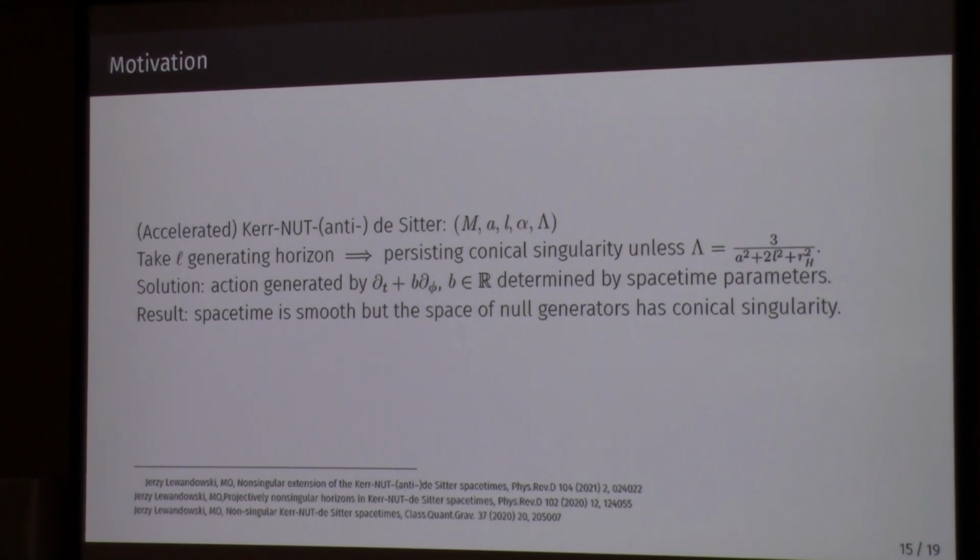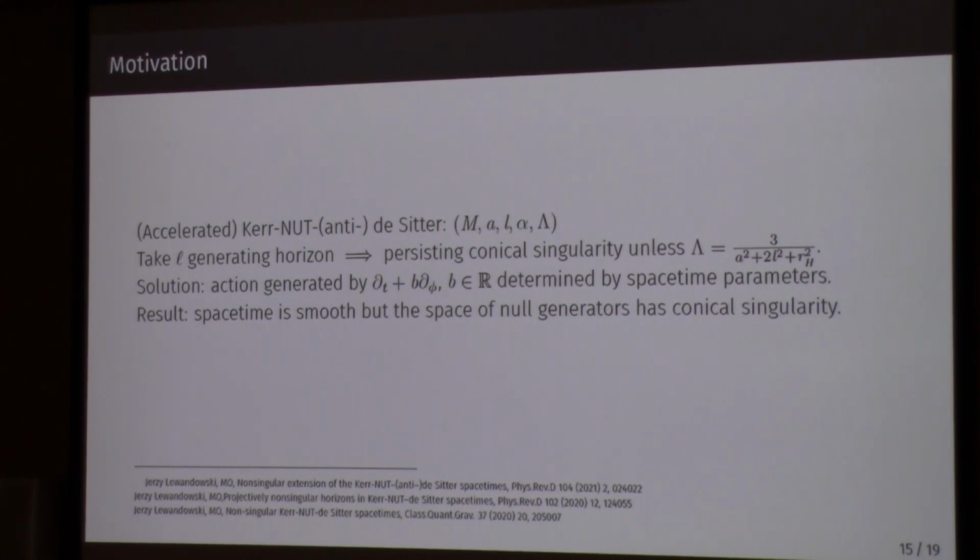So this wasn't quite satisfactory, so our solution was to try to impose a bundle structure with an action which is generated by an arbitrary linear combination of two Killing vector fields of accelerated Kerr-NUT-AdS, with this D being a constant which is suitably chosen and determined by spacetime parameters.